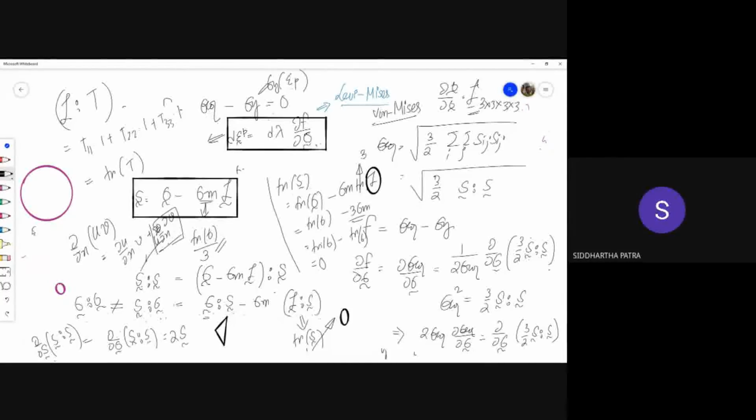Because sigma m times I has no part to play in S inner product S. So when I think of sigma to be S plus sigma m times I, then taking derivative of S with respect to sigma is same as taking derivative of S with respect to S. Okay, because the trace term, sigma m, has no part to play in the deviatoric part, and we have already shown that the deviatoric part and the hydrostatic part are orthogonal to one another, because this would essentially give you trace of S which is 0.